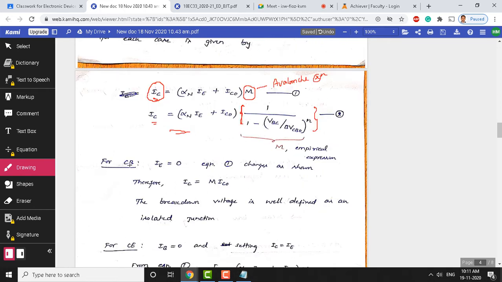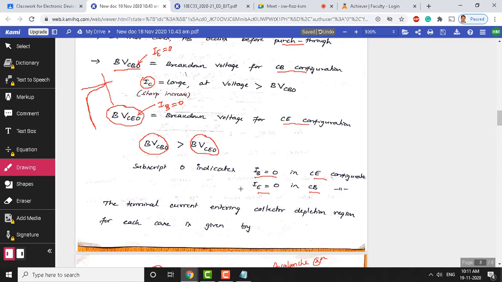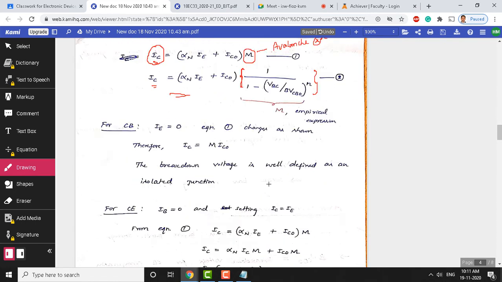Let us start with the common base configuration. For the common base configuration, we already defined that IE must be made 0 to measure the voltage. Once we make IE 0, you can see what happens in equation 1. The collector current, once you make this 0, this complete term gets eliminated, and then IC is nothing but ICO times M. So this is what we have written here.